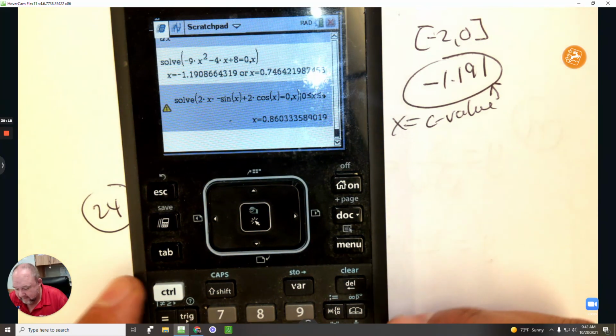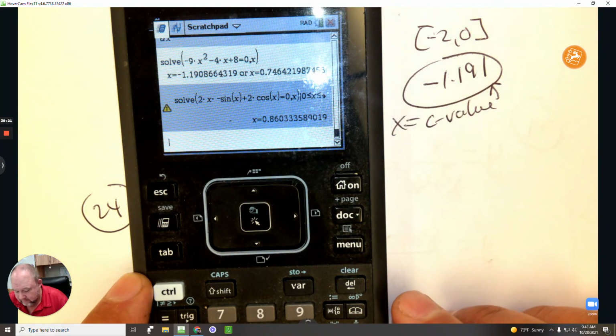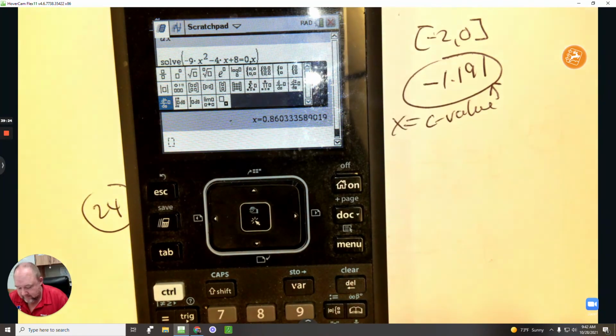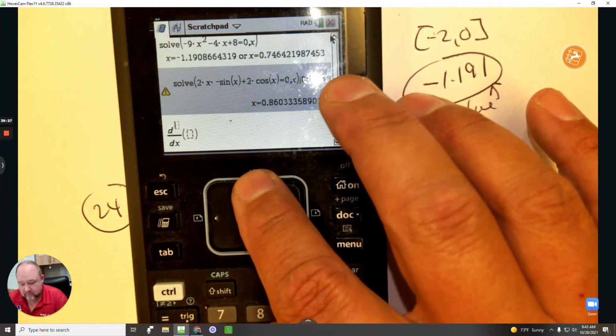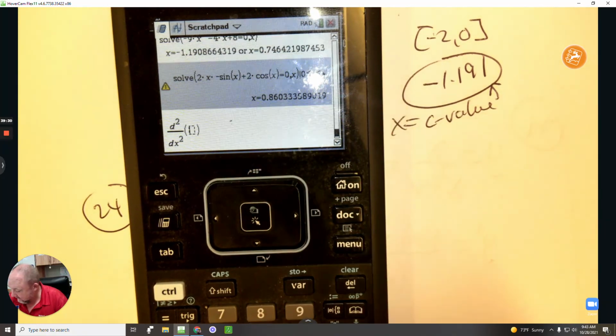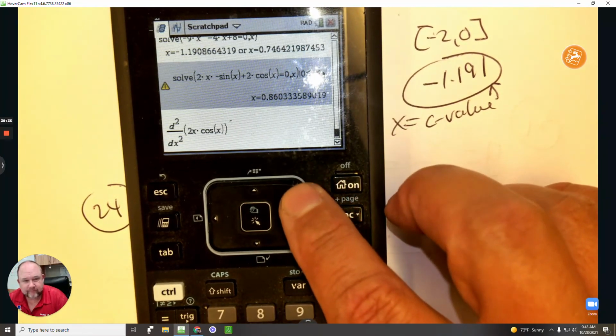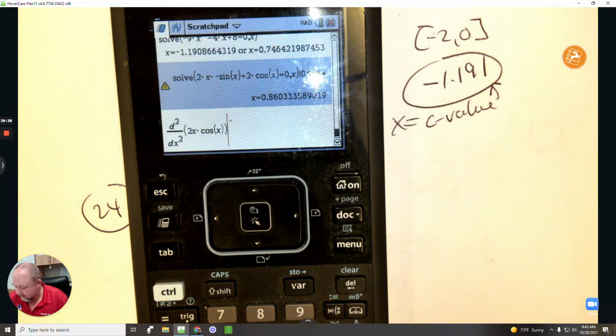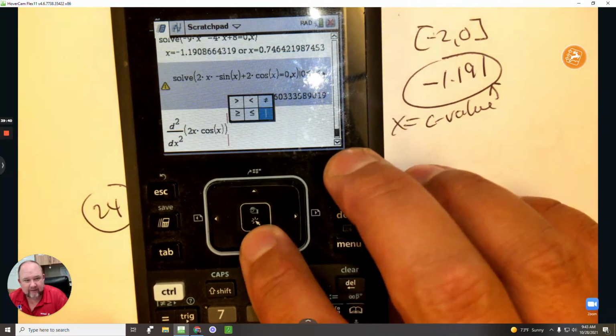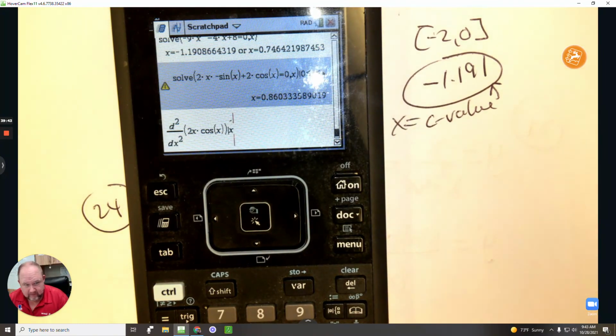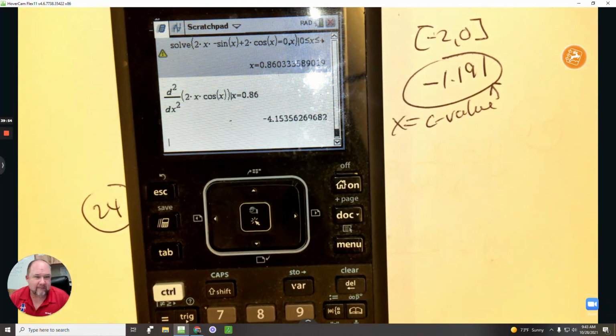So if I take the second derivative of 2x times cosine x and evaluate it at that critical number, 0.860, if it's positive, it's a minimum. If it's negative, it's a maximum. So a negative means that's a maximum answer because it's concave down.